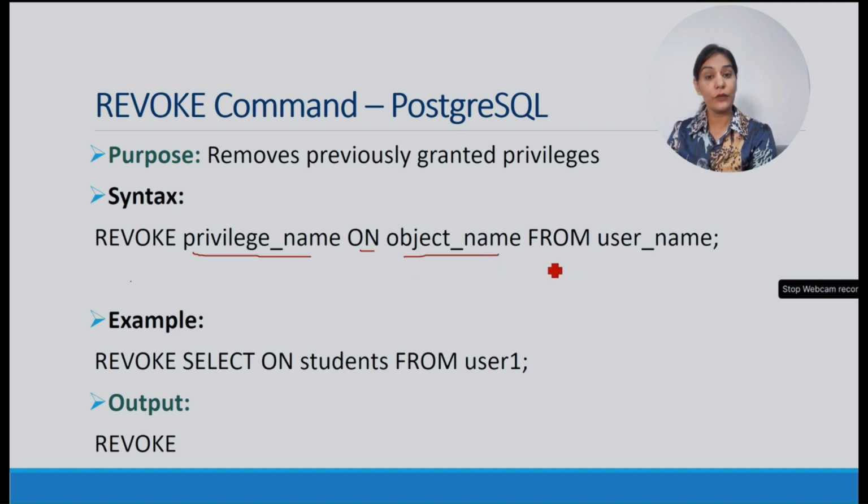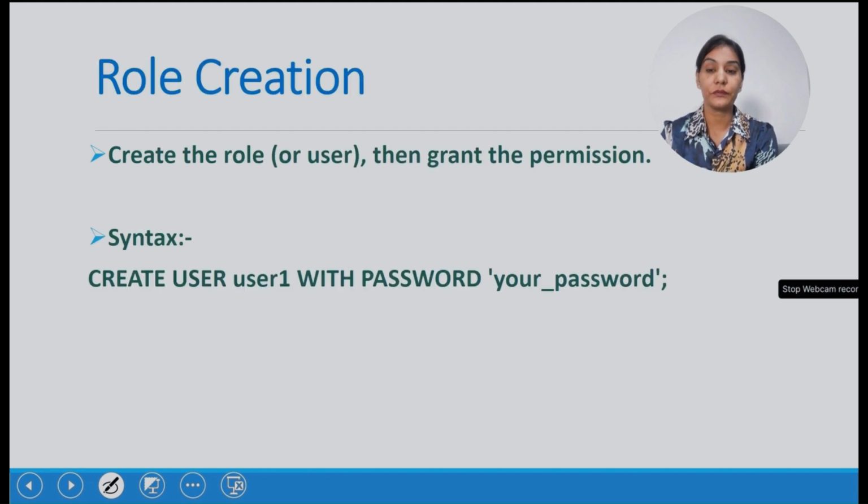Then, earlier we used the keyword TO, here it is FROM, from which user we want to take away the access. Then the username. So REVOKE SELECT ON students FROM user one. Earlier we had given a privilege to user one. Now we are restricting that person from using our database. Then the output of this is Revoke.